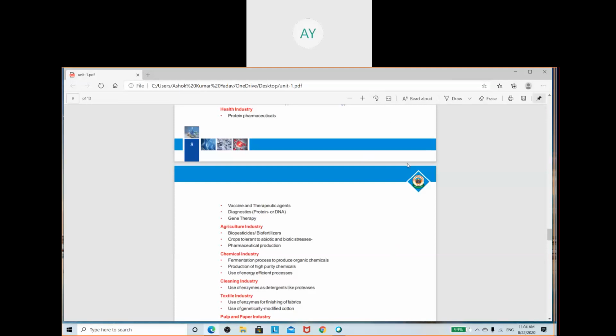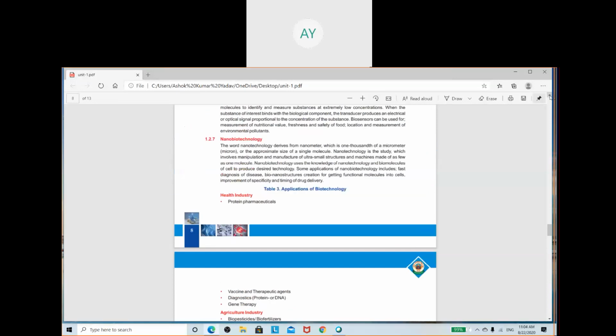Today, I'm going to discuss the topic of application of biotechnology, under the chapter biotechnology an overview, for class 11B biotechnology. So, what are the different applications of biotechnology in different fields?